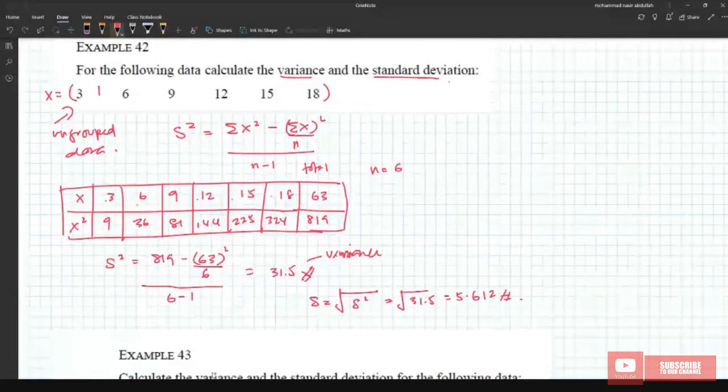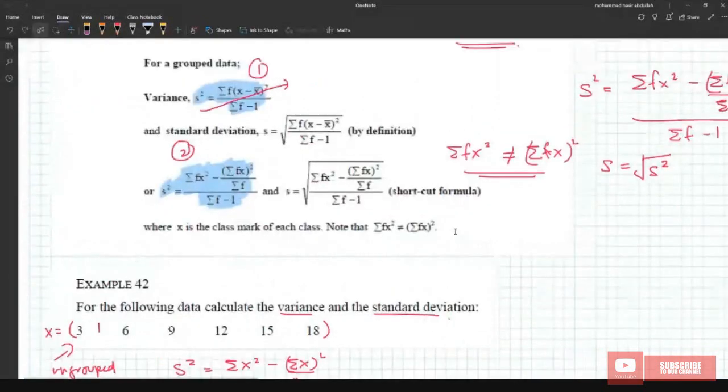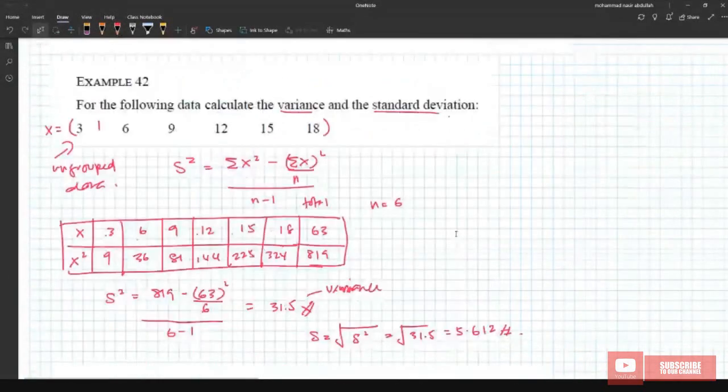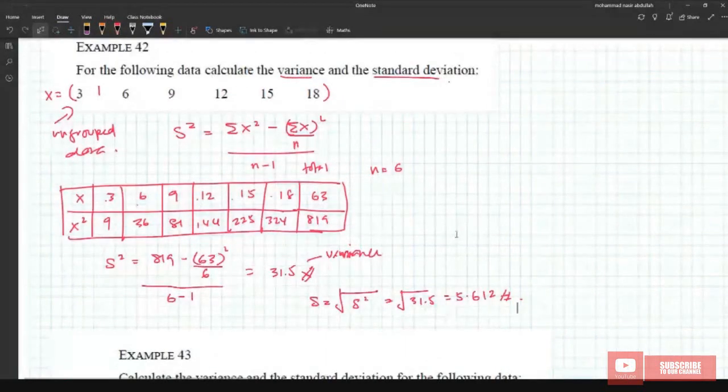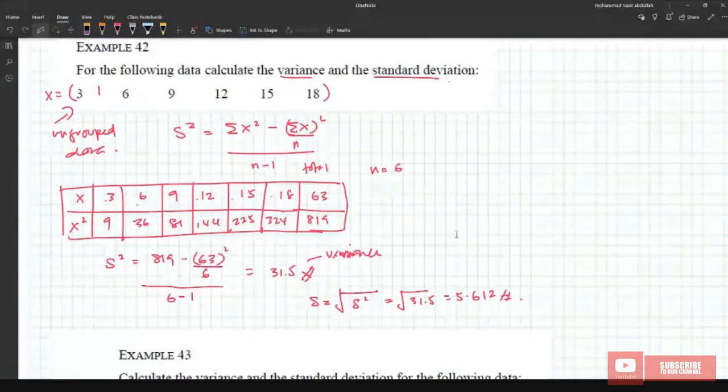So today we already learned a lot. First, we learned how to calculate quartile 1, quartile 2, and quartile 3 for ungrouped data and grouped data. And then we also learned how to calculate range for grouped data and ungrouped data. We also know how to find quartiles from the less than ogive.